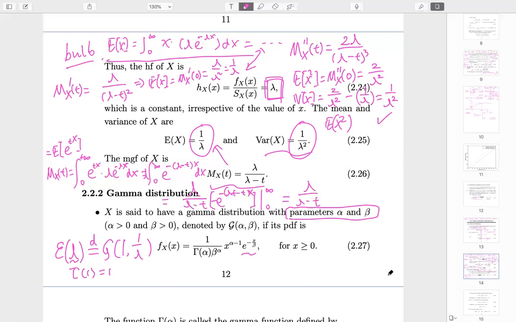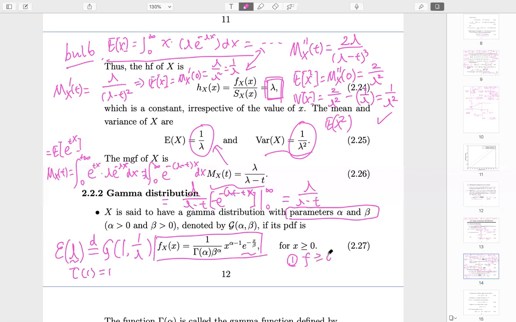So by definition, this is the density. It looks a little crazy, but if you know the definition of the gamma function, you can actually derive this, because for anything to be a PDF, what do you need?